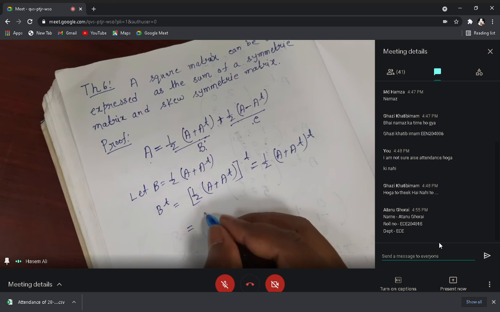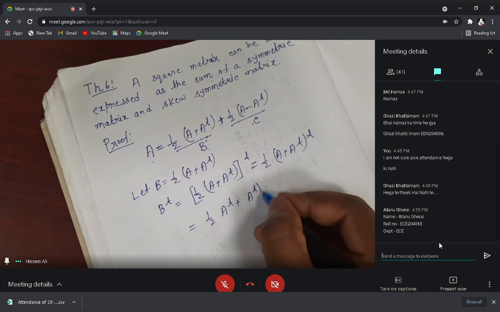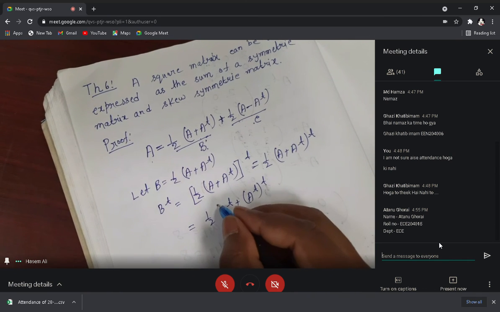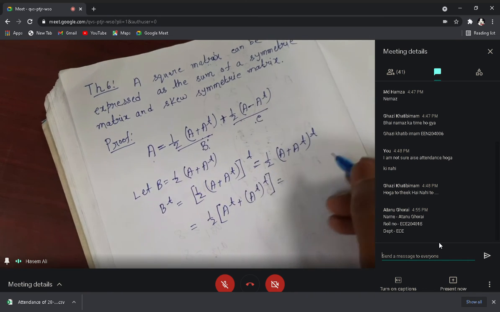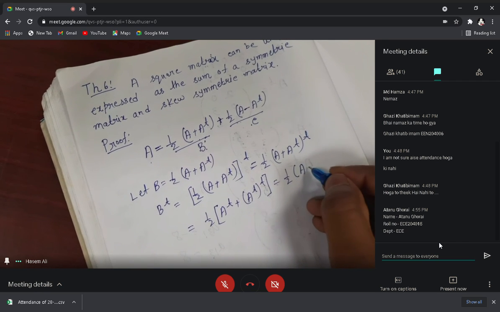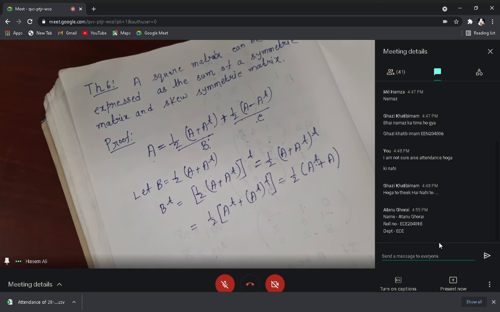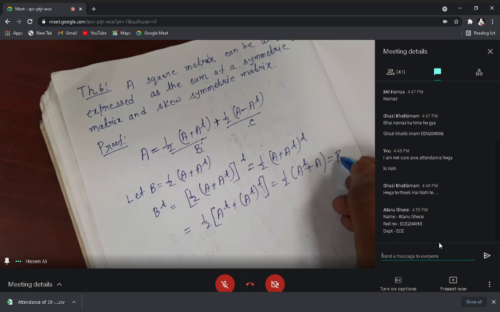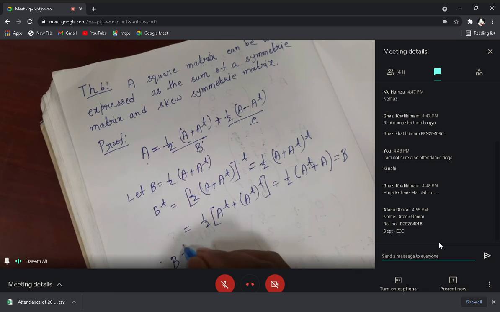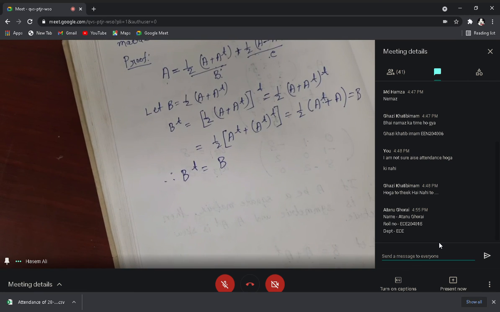So this equals half of A transpose plus A transpose transpose. So this equals half of A transpose plus A. So this equals B. So B transpose equals B. So B is a symmetric matrix.